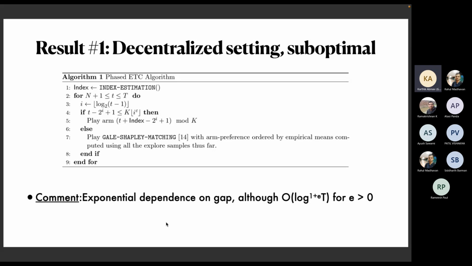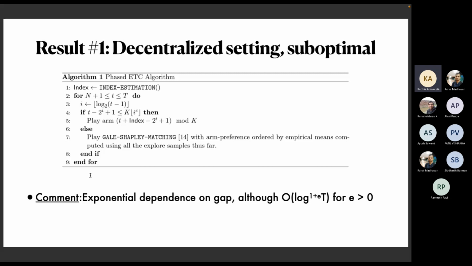First, you do some amount of pure exploration, where each agent is purely exploring different arms in a round robin fashion, so that you can make sure there are no collisions during this phase. After that sub phase of exploration is done, with whatever statistics you got for that phase, you use the empirical mean and just play the Gale-Shapley algorithm.